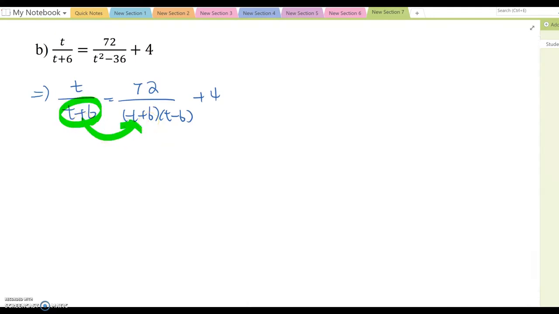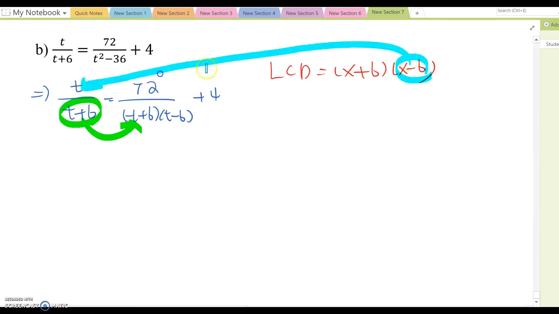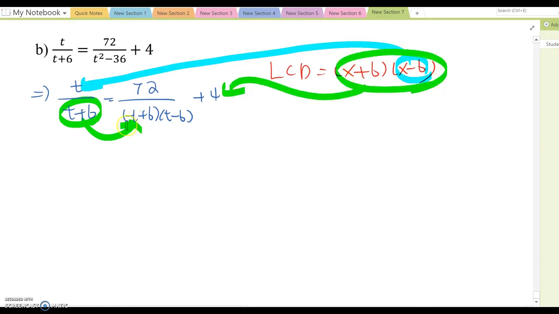Therefore, the LCD becomes t plus 6 and t minus 6 here. So now you need to multiply this one to this one, and then these two factors to this one. This fraction already has the LCD, so you don't need to multiply anything.